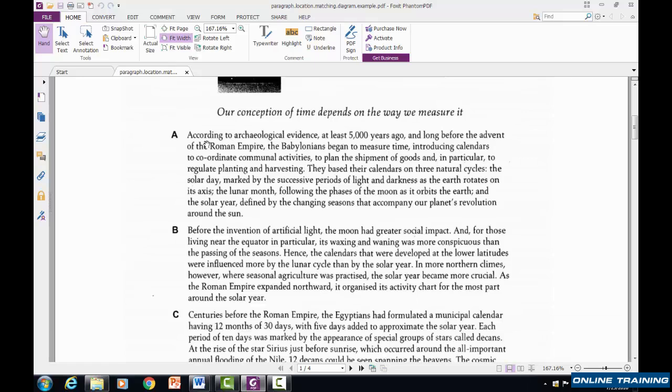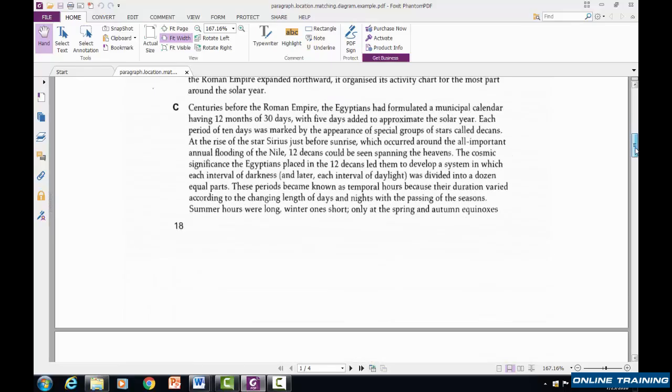So the Babylonians began to measure time, introducing calendars to coordinate activities, to plan the shipment of goods, and in particular to regulate planting and harvesting.